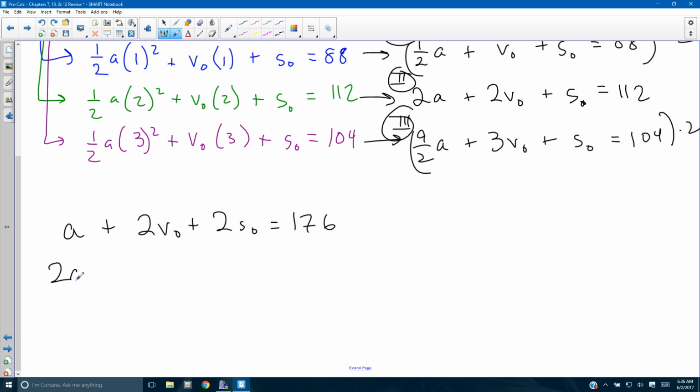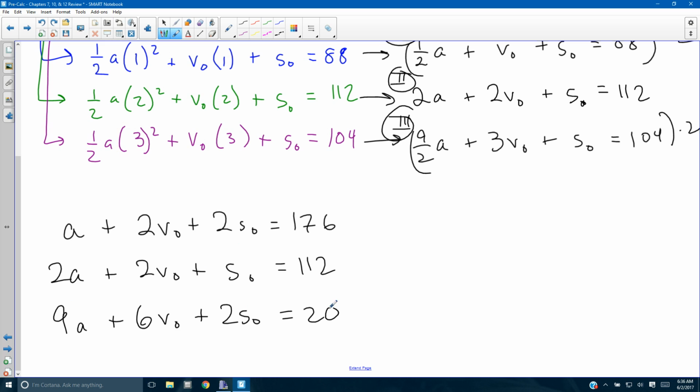Equation 2 is still 2a plus 2 v naught plus s naught equals 112. And then multiply the bottom one by 2: I'm going to get 9a plus 6 v naught plus 2 s naught equals 208.